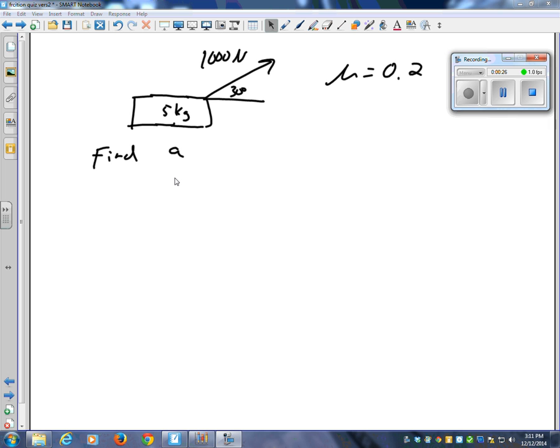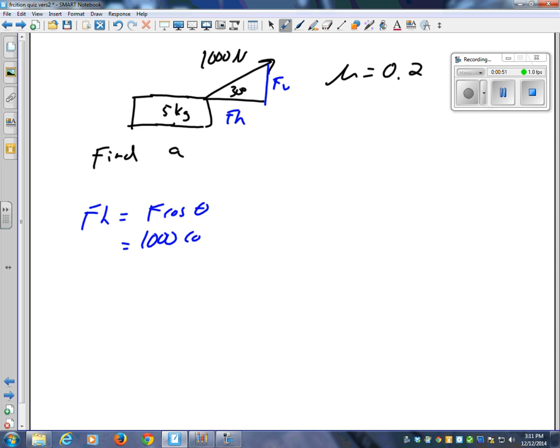You're finding the acceleration. Okay. So when you see something like this, you should realize that you need to find horizontal and vertical. Okay? And FH is always F cos theta. 1,000 cos 30, and I'm going to need a calculator.